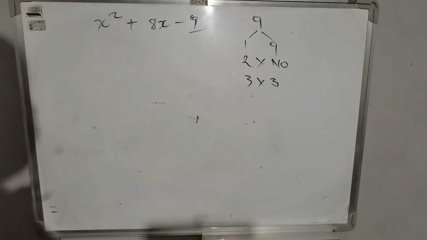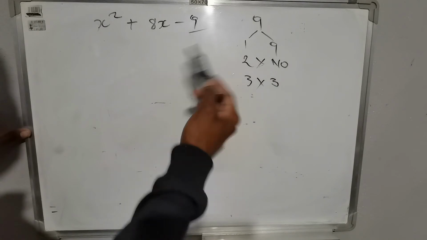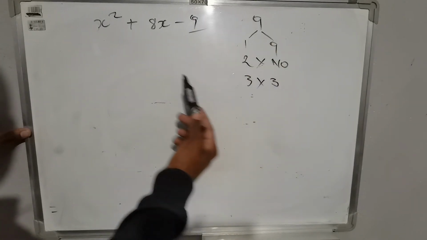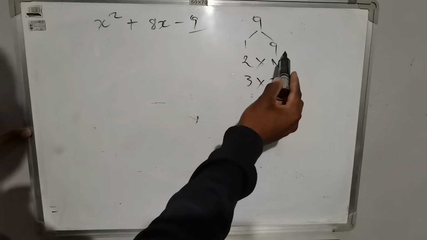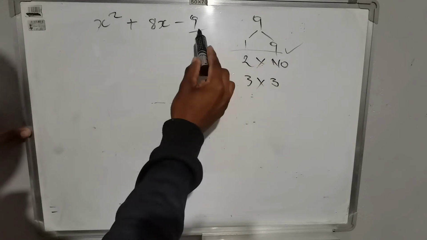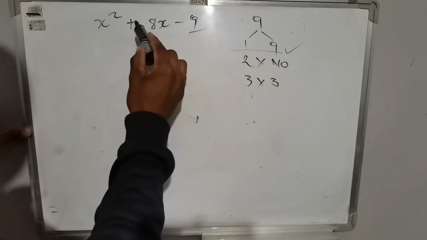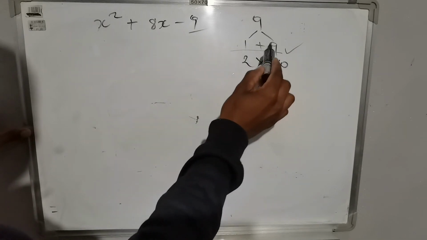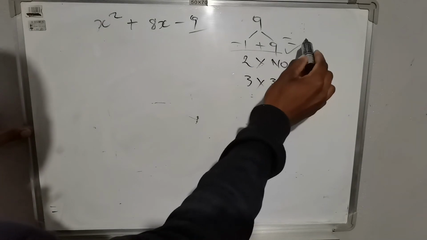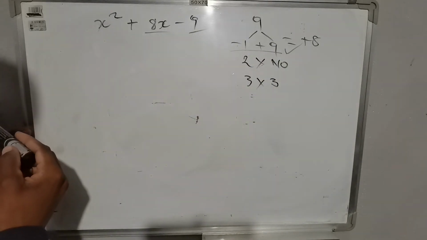So on this equation, which number can we multiply to get 9, add and get 8? So this one passes. If we say 1 times 9, we get 9. Since this is positive, minus 1 plus 9, we will get plus 8, which is the middle term.